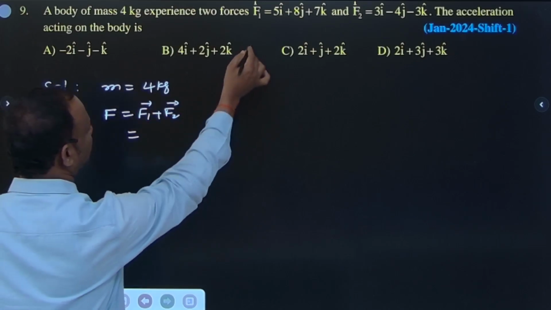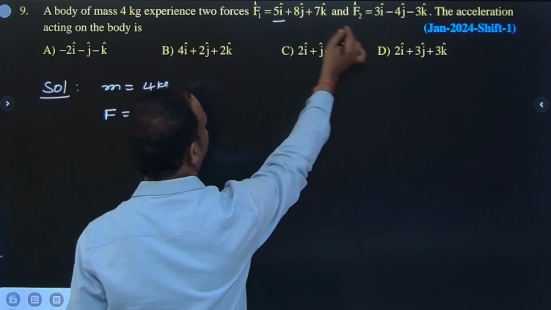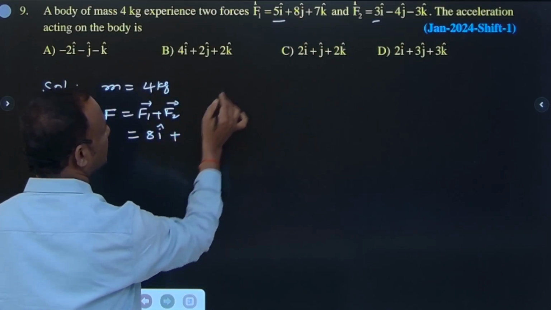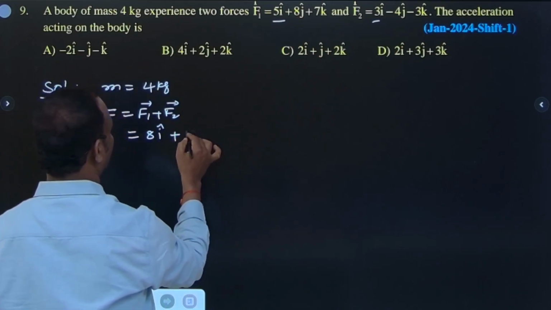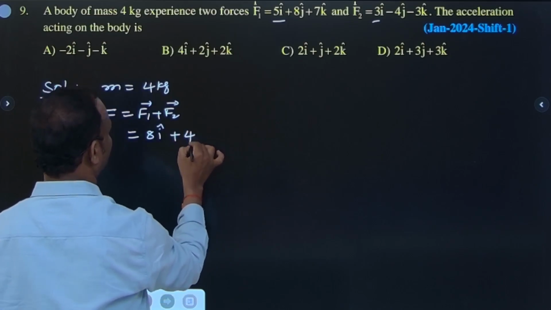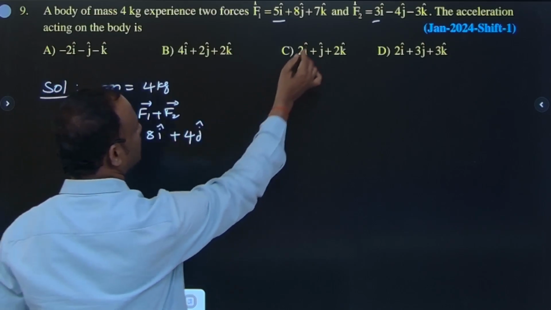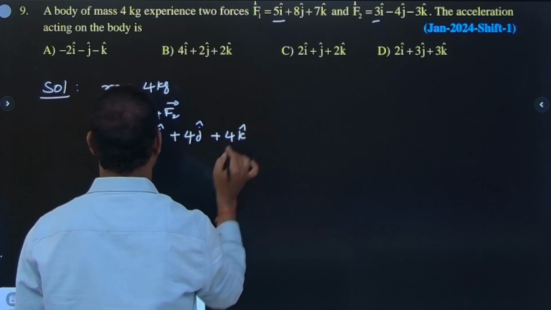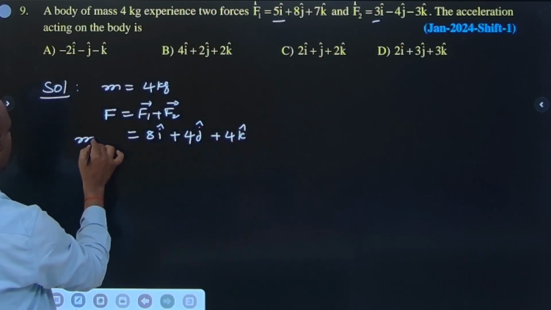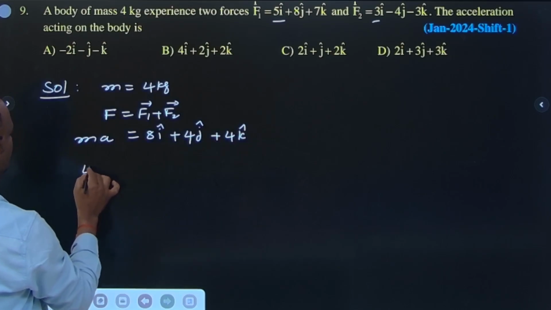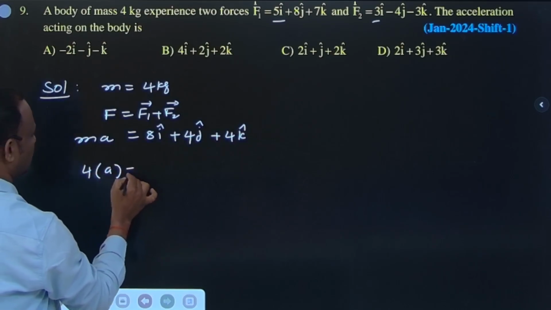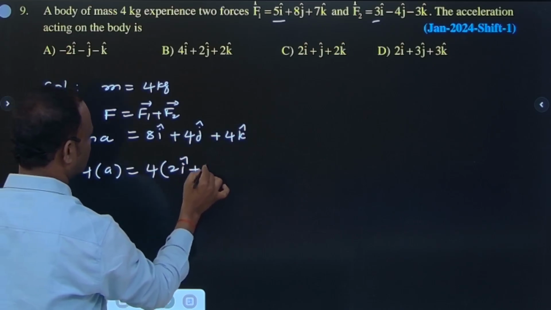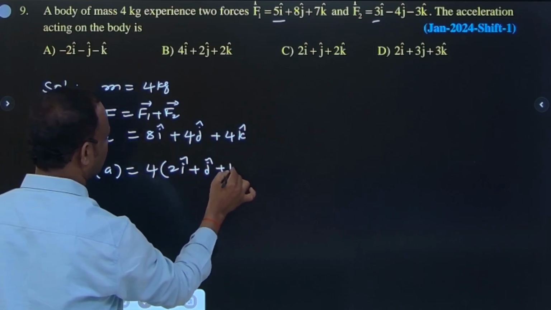So this is 5 plus 3, it's 8 I cap, plus 8 minus 4, 4 J cap, plus 7 minus 3, 4 K cap. Okay, F means M into A. M is 4, so 4 into A is equal to 4 times 2 I cap plus J cap plus K cap.